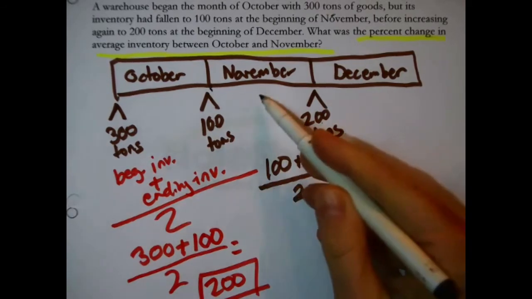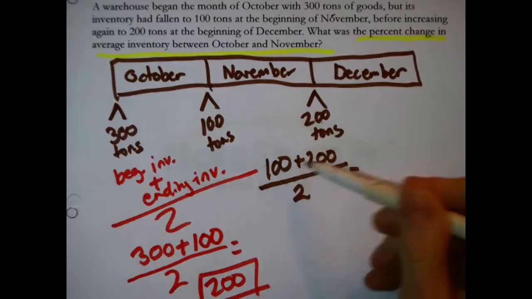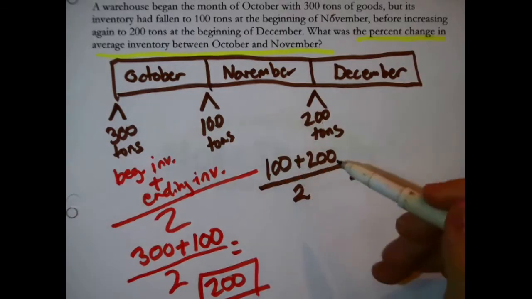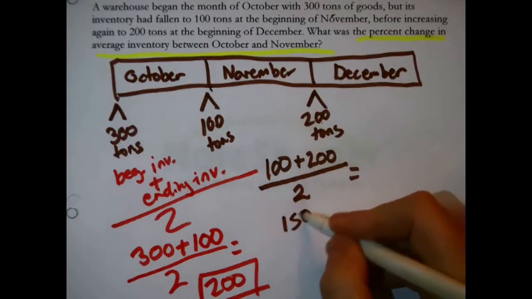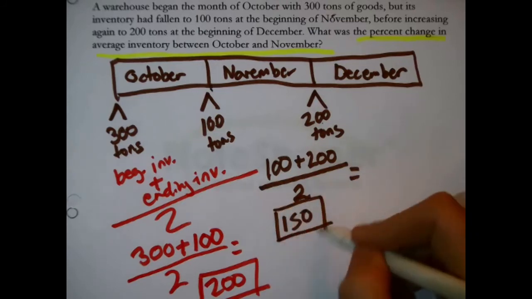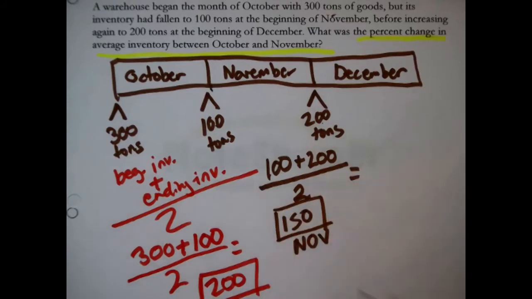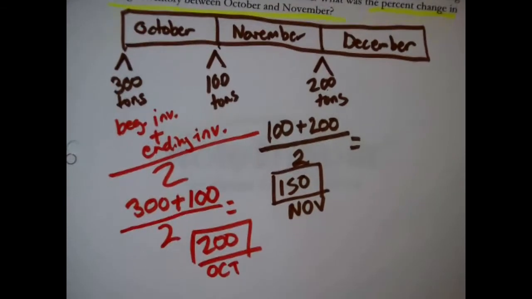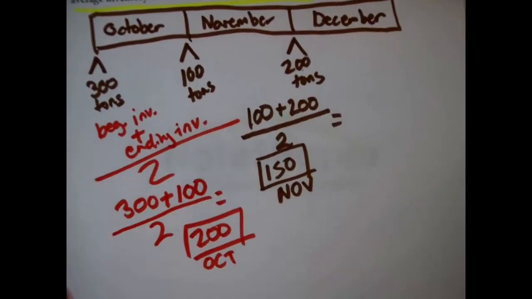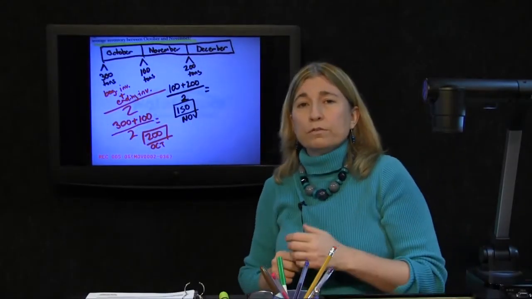So for November, average inventory 100 plus 200 divided by 2, that's what, 150? There, I've calculated the average inventory for each of those 2 months.